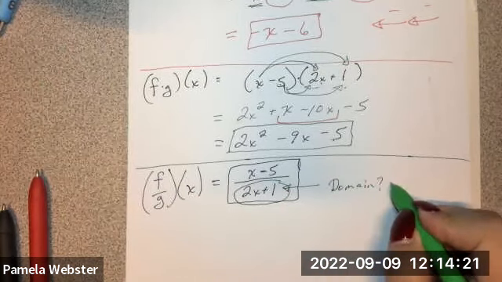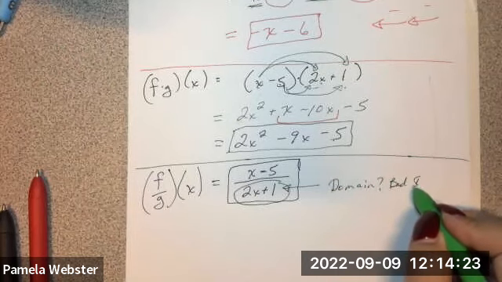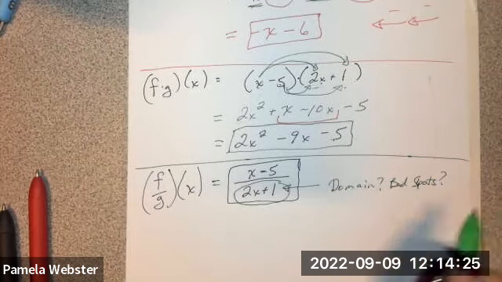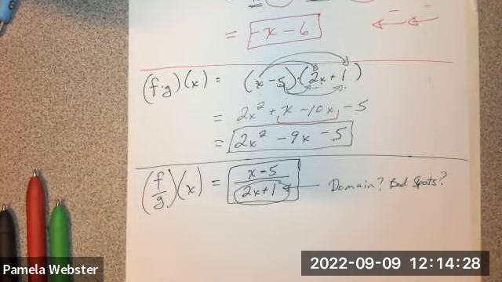Are there any bad spots? And once again, remember that the two things you're looking for whenever you're looking for bad spots in your domain, the one is if you're dividing by 0, and the other is taking an even root of a negative number. Gives you imaginary numbers. That would put a hole in your real number line, okay, with my solutions.